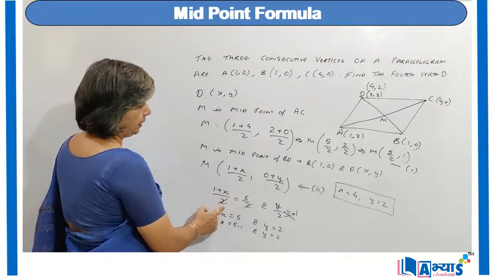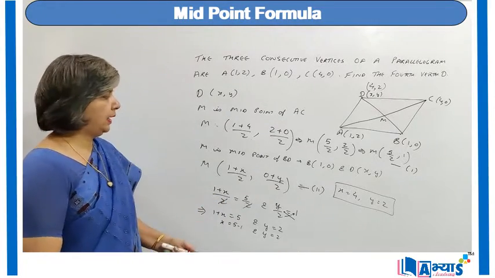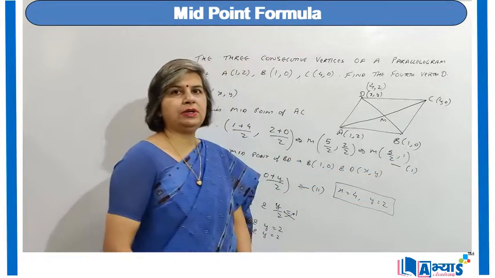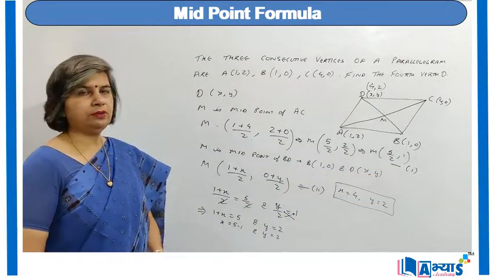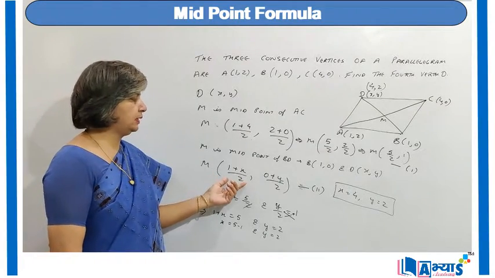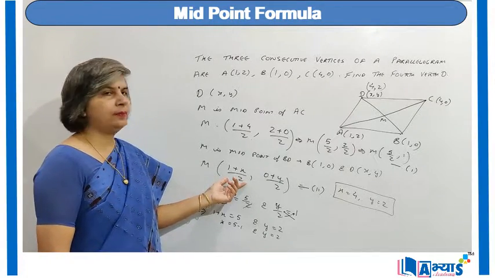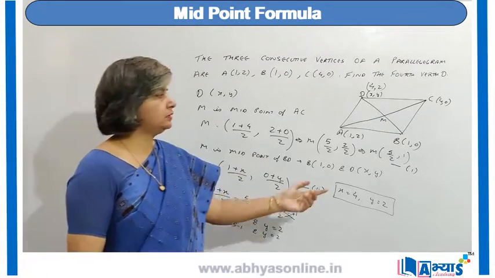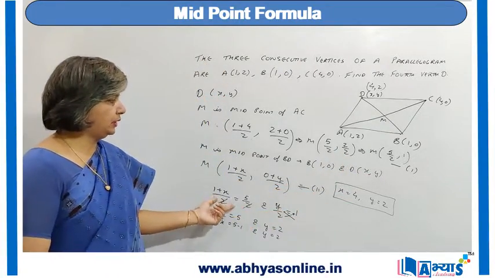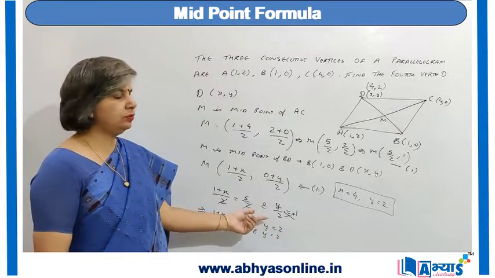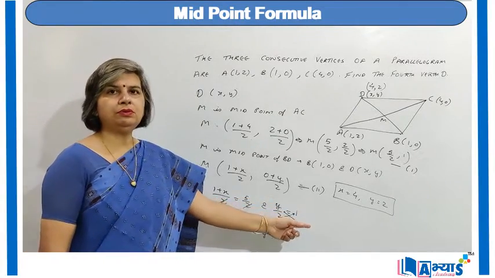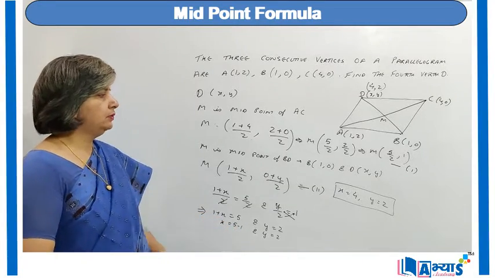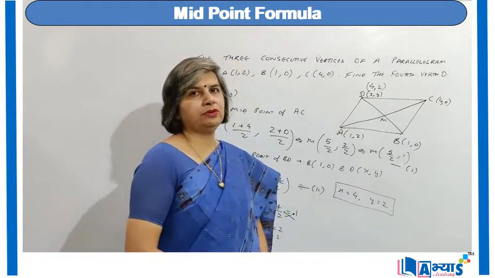So 1 plus x by 2 is equal to 5 by 2 and y upon 2 is equal to 1, because the x coordinate in the first equation is 5 by 2 and in the second is 1 plus x upon 2. Similarly, the y coordinate in the first statement was 1 and in the second was y by 2. So I have equated y by 2 equal to 1. Then I found the values of x and y. x was equal to 4 and y was equal to 2.